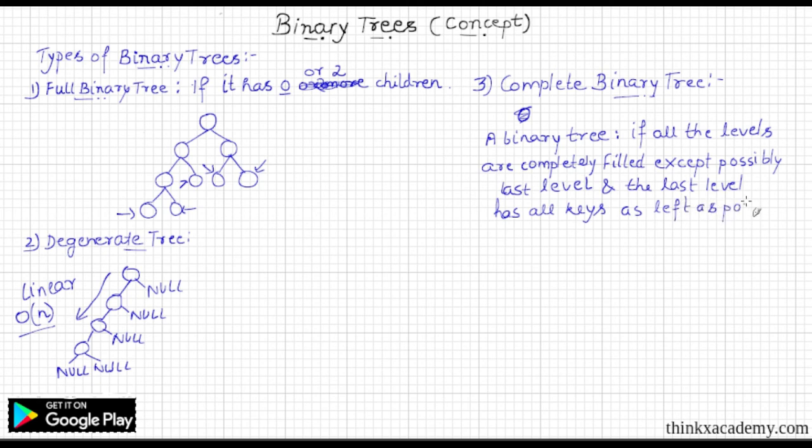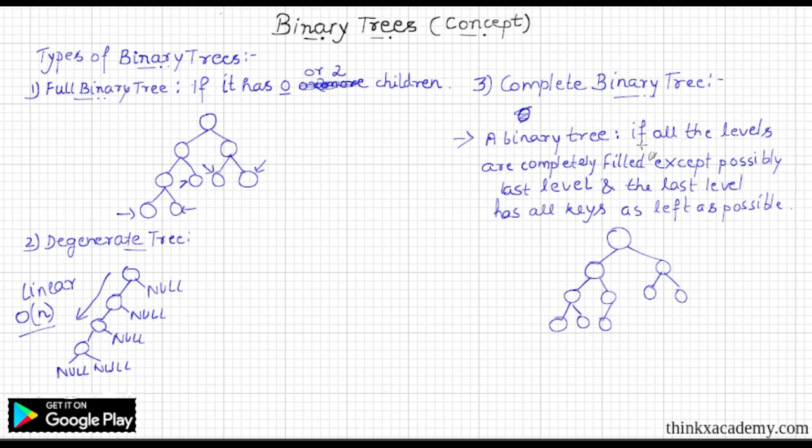So to understand the meaning of this definition, I will draw a diagram of a complete binary tree. So let's suppose there is a binary tree that looks like this. So this is an example of a complete binary tree.